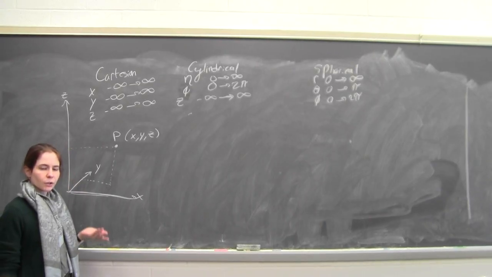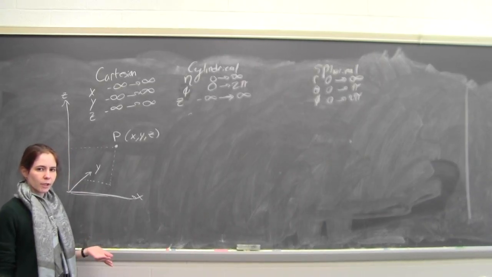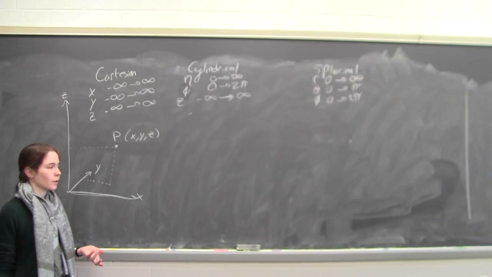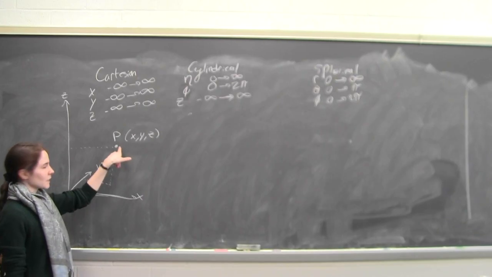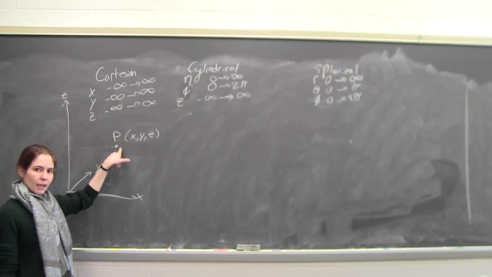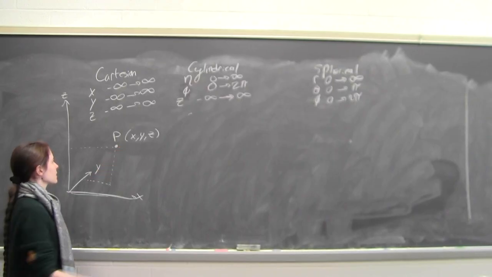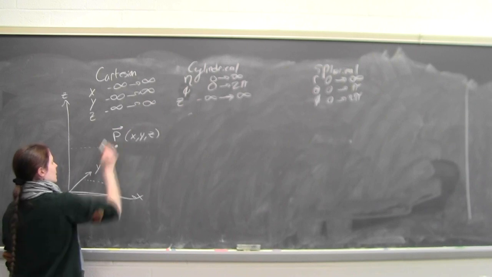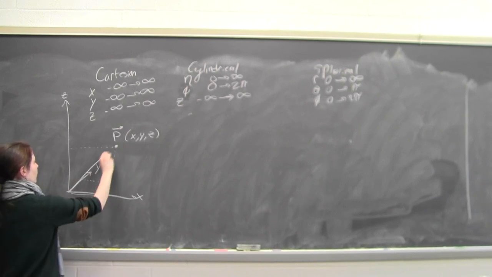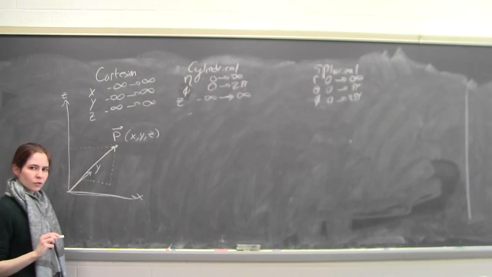So just like any location can be described with 3 numbers in 3-dimensional space, it is also the case that any direction can be described with 3 numbers in 3-dimensional space. So instead of imagining that this is a point P, now let's imagine that it is a vector P. And so it has both a magnitude and a direction.